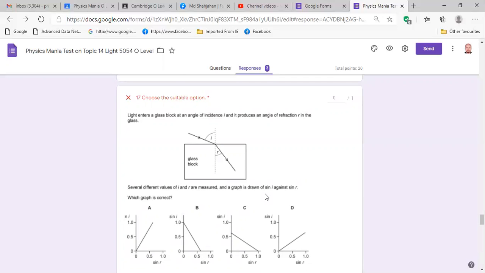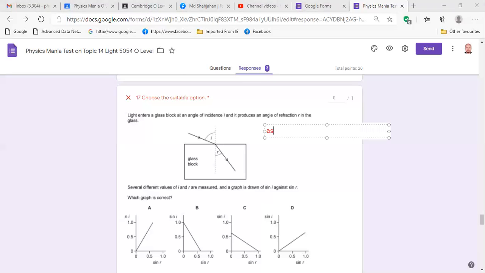So always your sine I value will be greater than sine R in this case, because light is traveling from rarer to denser medium. Always R is smaller than I. Is it clear? Yes, sir.